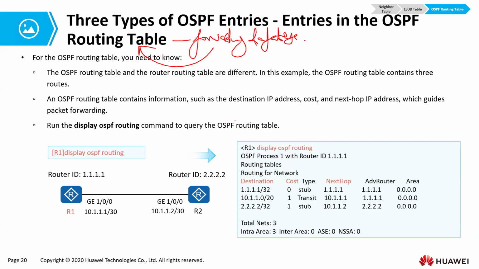The routing table displays routes which are generated after the SPF algorithm has done its job on the link state database. The routes in the routing table are the routes which will be used to get to specific networks in our network.